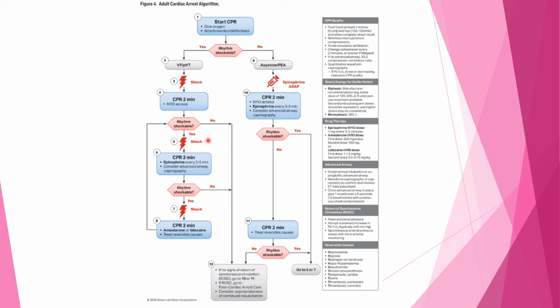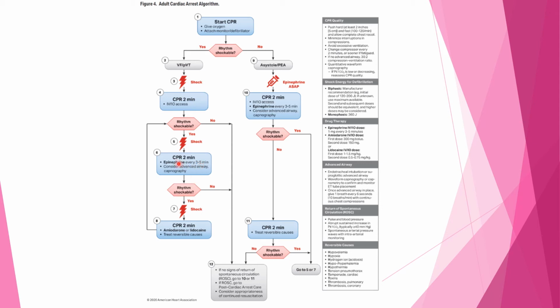Second shock. Then what I will give after the second shock is epinephrine. This will be the first dose. I will give epinephrine or adrenaline after the second shock. Then I will repeat the epinephrine, adrenaline, every 3 to 5 minutes. Let us say 4 minutes.